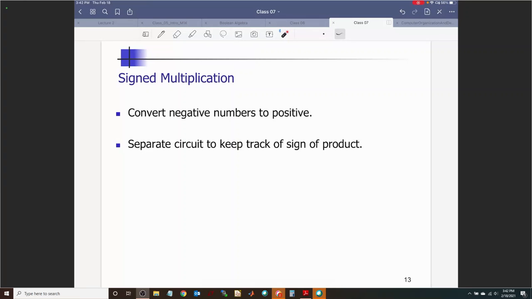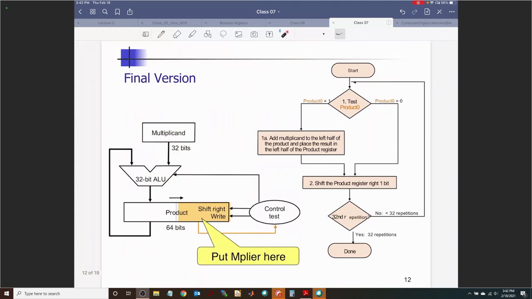Now, before I move on to the next one, I want to ask you guys this. At the most, how many times do I need to use this 32-bit ALU? Assuming that all the bits are 1, how many times do I need to add? Right, 32.